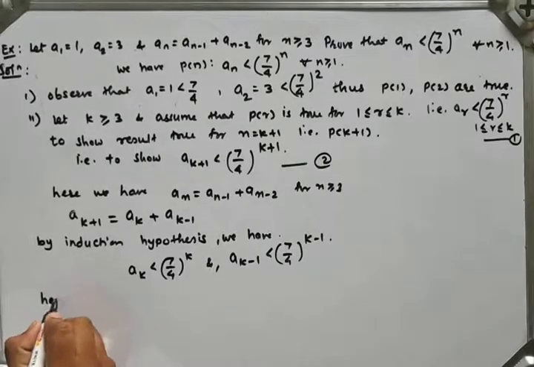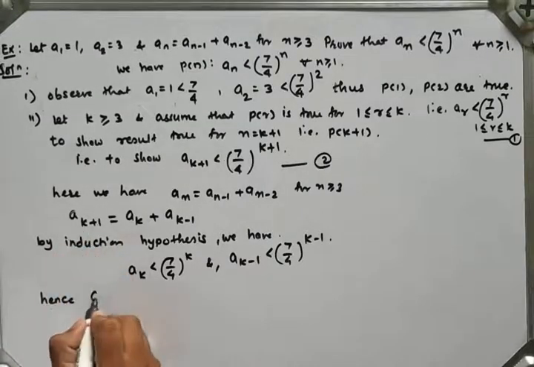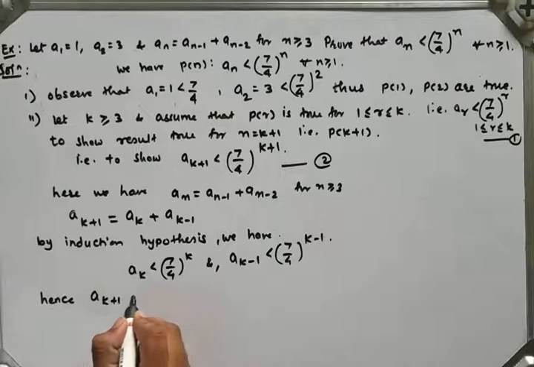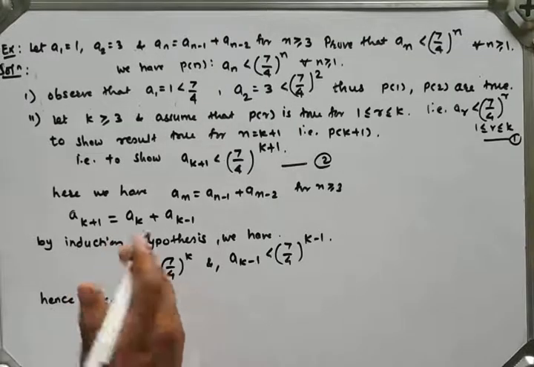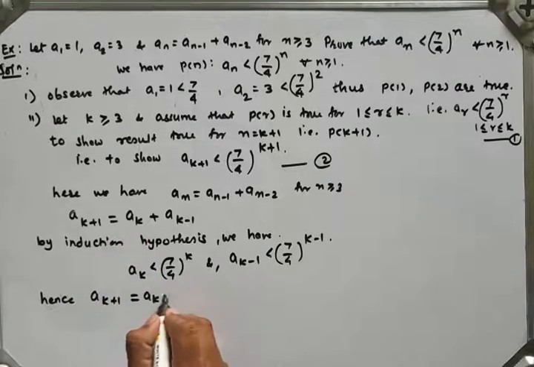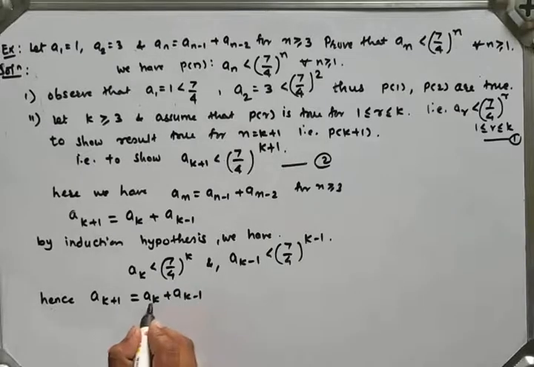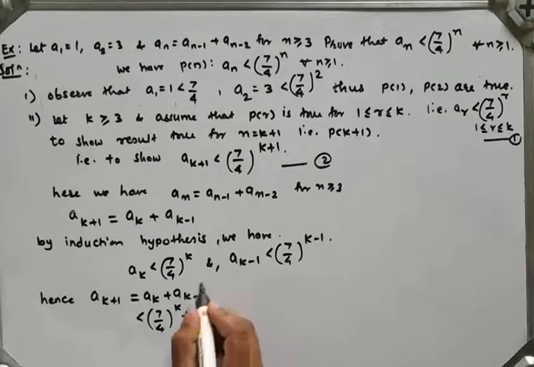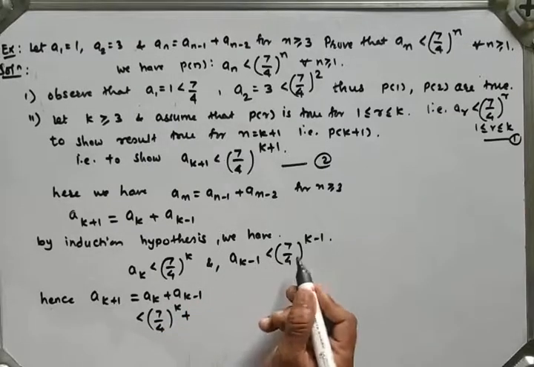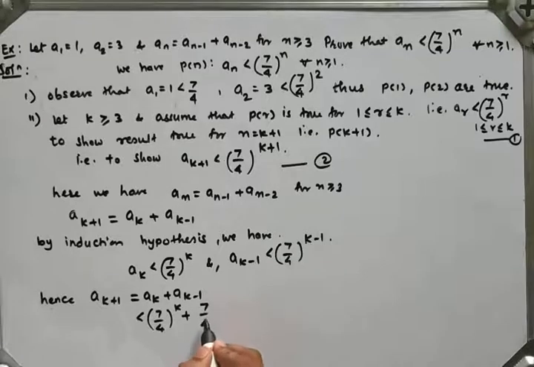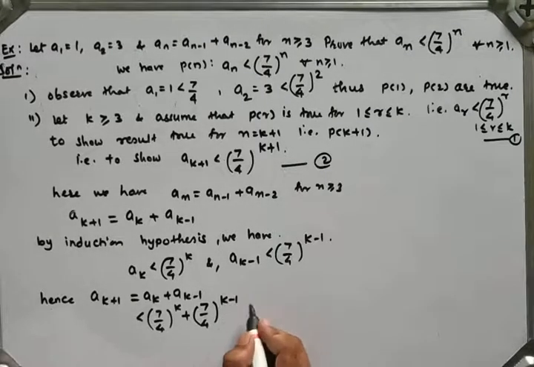Hence a k plus 1 is equal to a k plus a k minus 1. So the value a k is less than 7/4 raised to k plus a k minus 1, which is 7/4 raised to k minus 1. So take 7/4 raised to k minus 1 outside. What will be in the bracket?